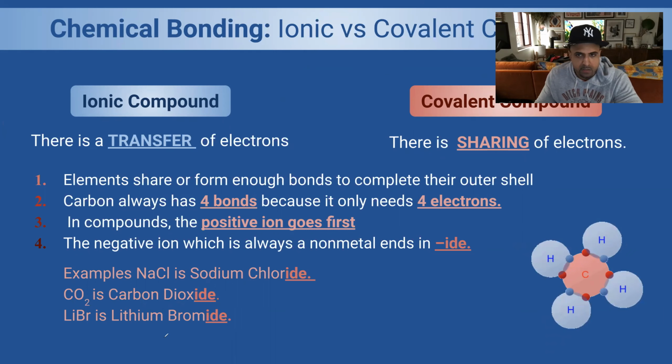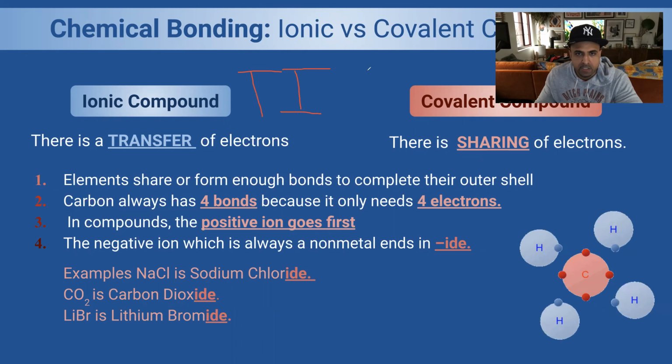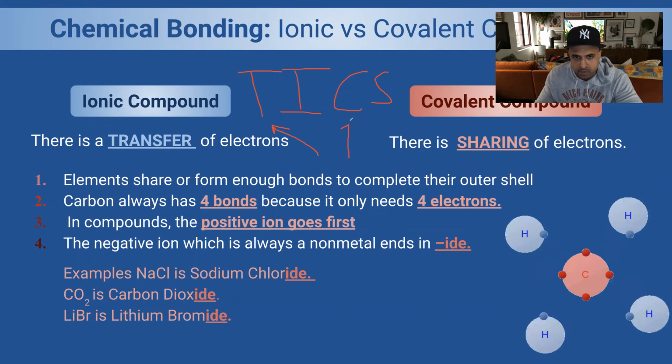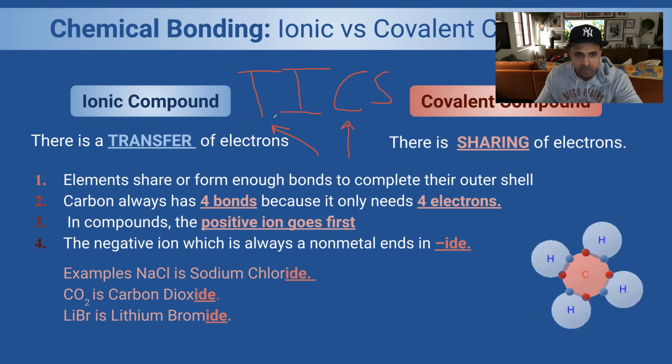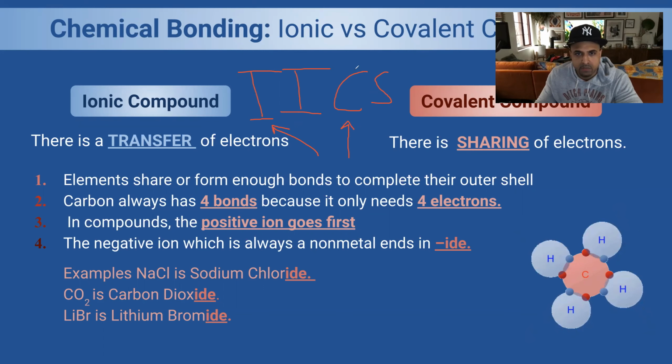If that doesn't bring any thoughts to your brain, just memorize TICS: transfer, ionic, covalent, sharing. If you don't have a science-oriented brain, try to use this mnemonic device. When you see a transfer of electrons, you'll have an ionic bond, and when you share electrons, you'll have a covalent bond.